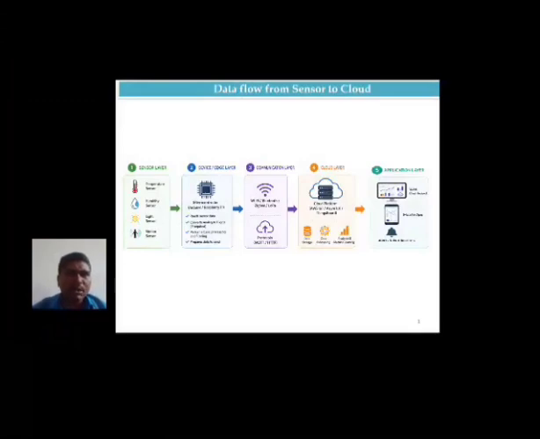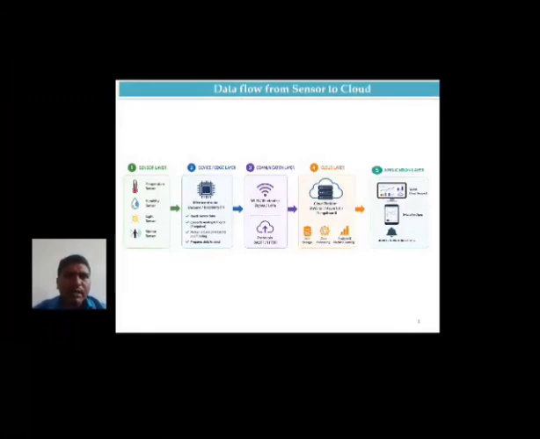Just think of it like this. A sensor acts like our eyes. It observes the environment. A microcontroller acts like a brain. It processes information. Then the internet acts like a communication channel. The cloud acts like memory. It stores and analyzes the data.